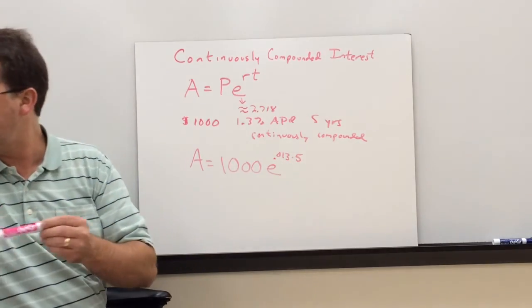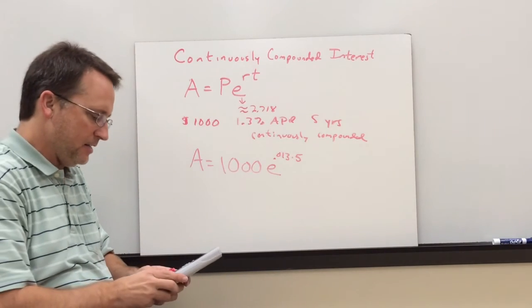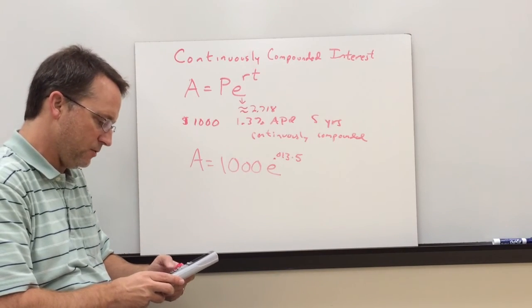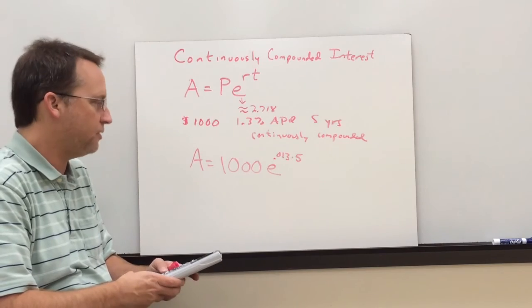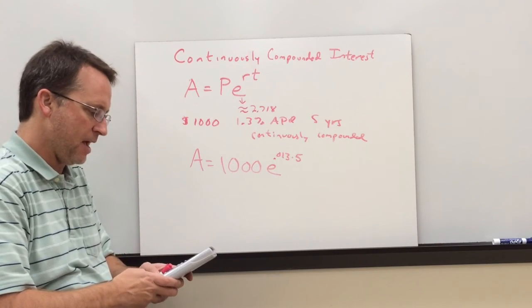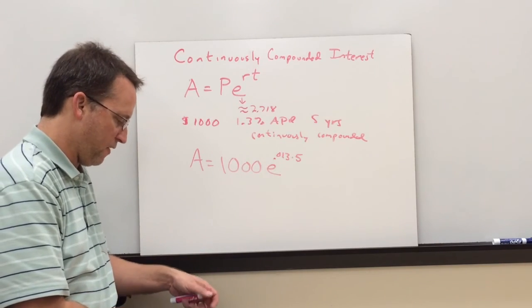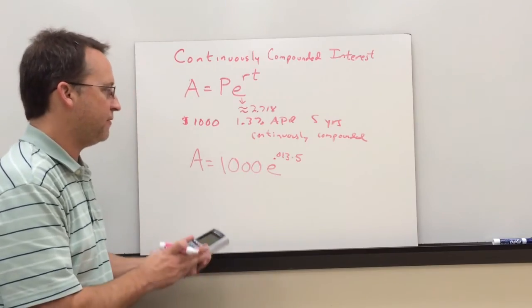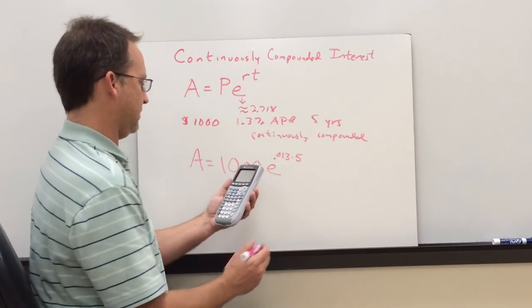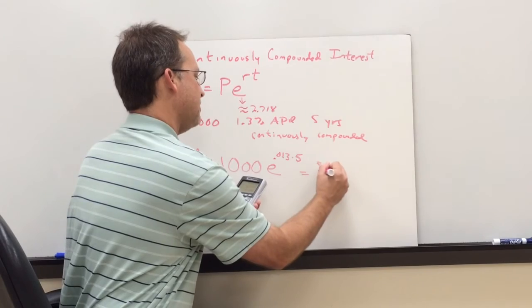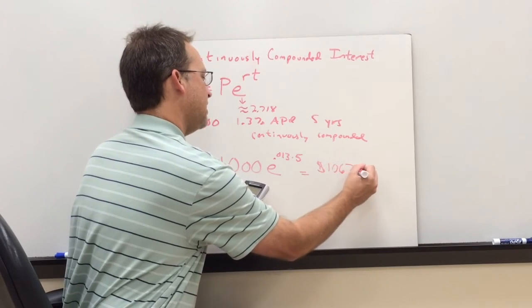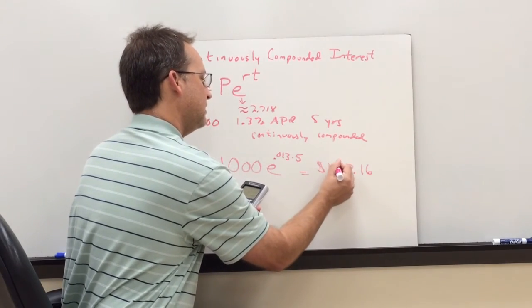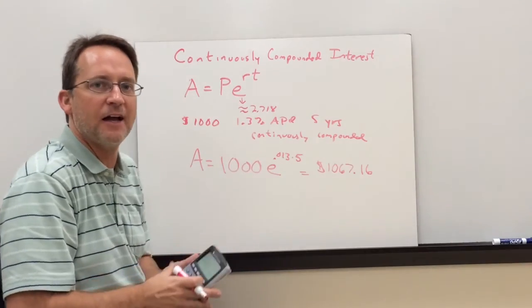And then we'll see what that does. What you'll find is that what sounds like a great deal, that continuously compounded interest, really doesn't have a big impact on the amount of money that we make. In fact, I'm rounding up and I've got an extra 4 cents, it looks like. I'm getting $1,067.16 instead of the 12 cents I got compounded monthly.